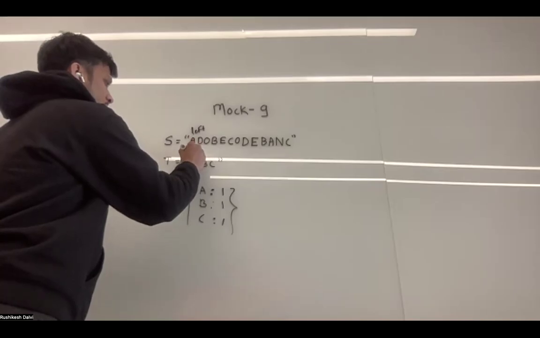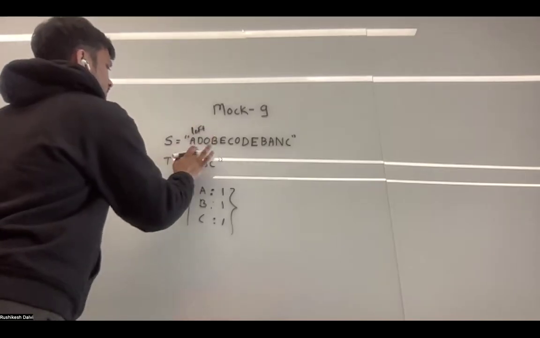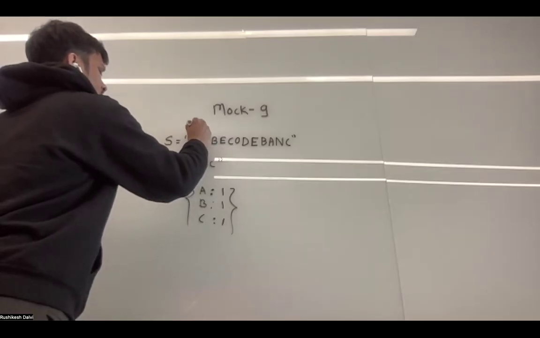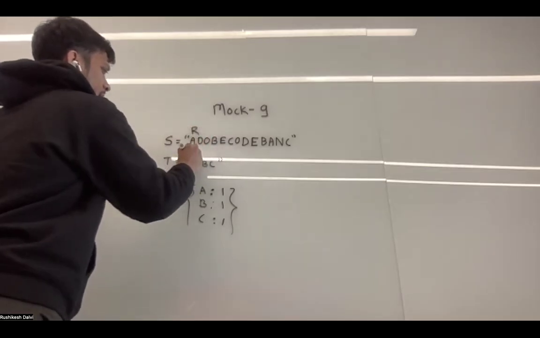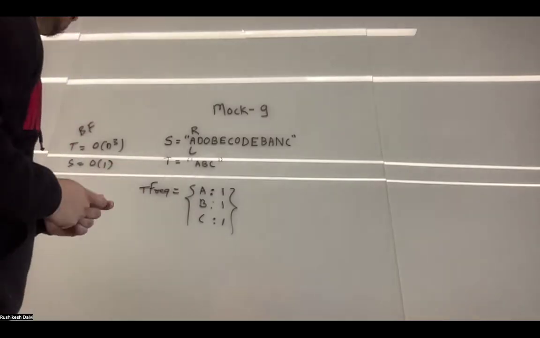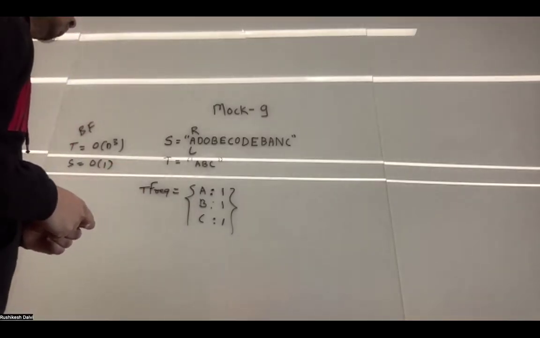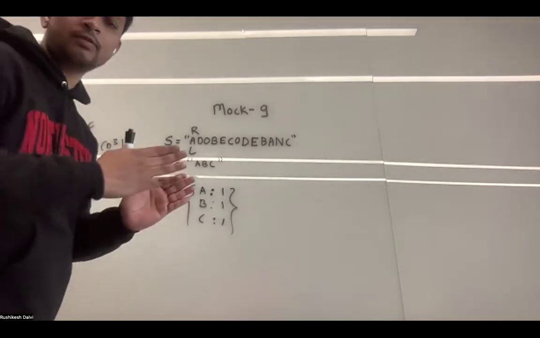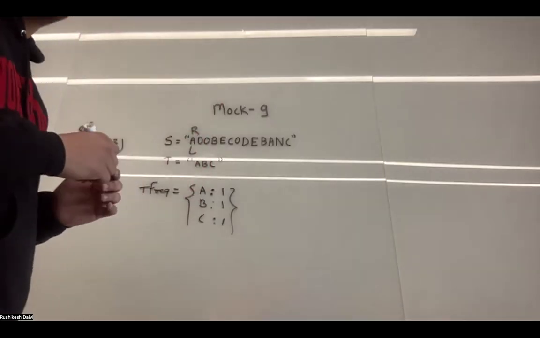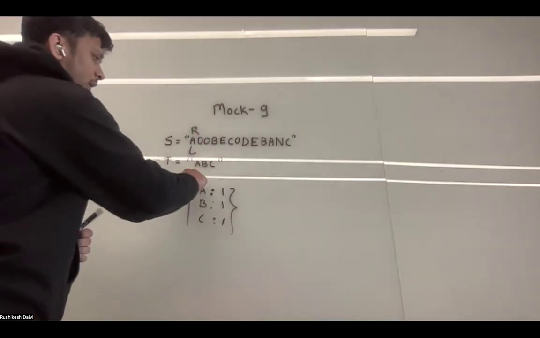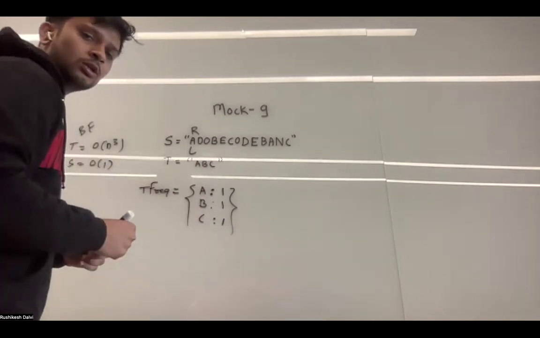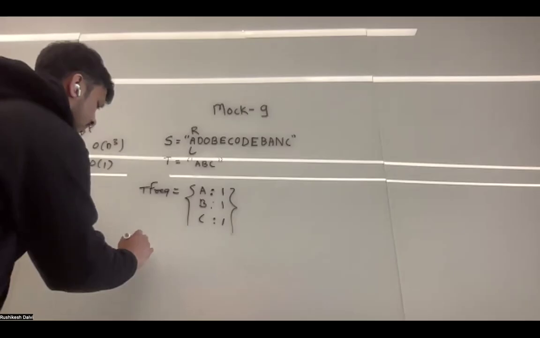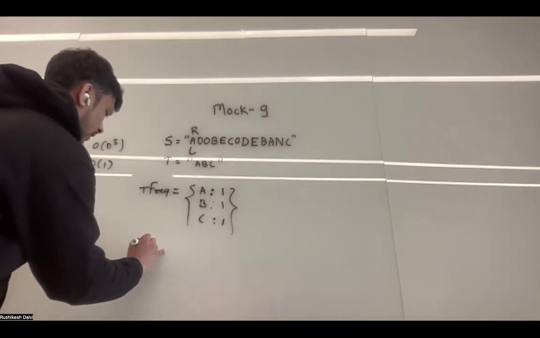So let's say my right is here. I need to calculate the frequency within that range as well, because it should be one A, one B, and one C. So let's say I have one more hash map, that is the S frequency map.